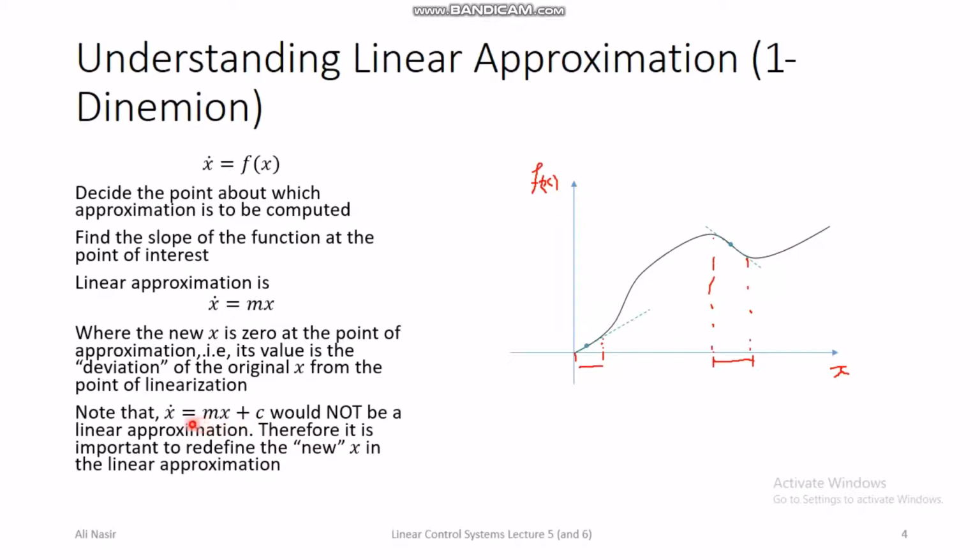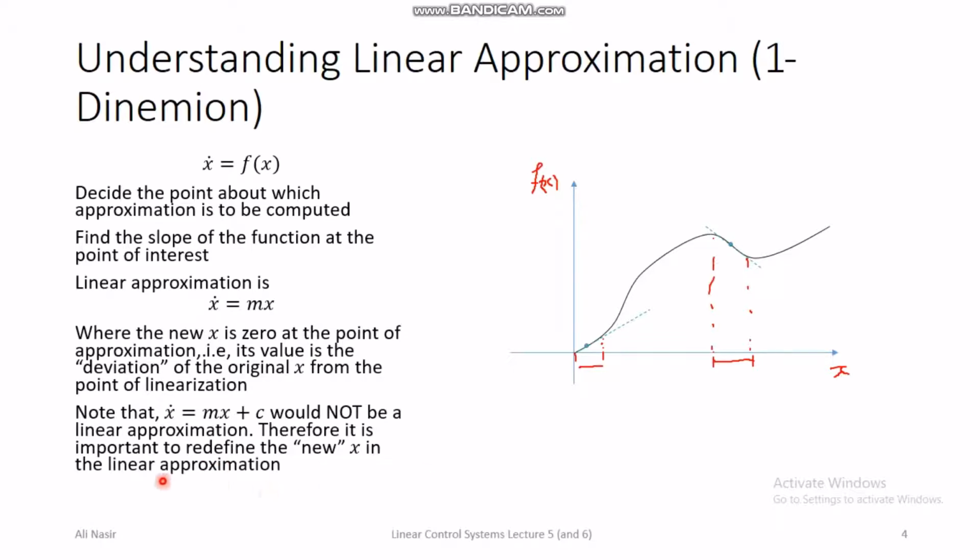X dot equal mx plus c looks linear, but actually it does not follow the superposition principle because it is actually an affine function. What are affine functions? You can just Google it, or maybe you have learned it already in your basic mathematics courses.